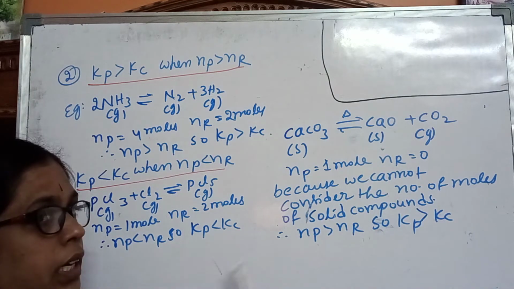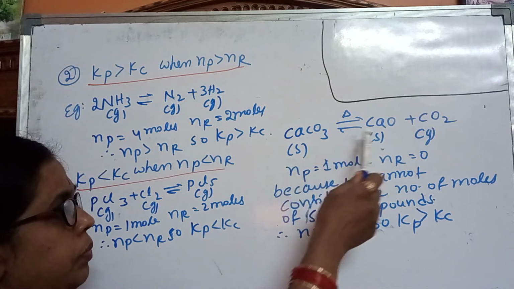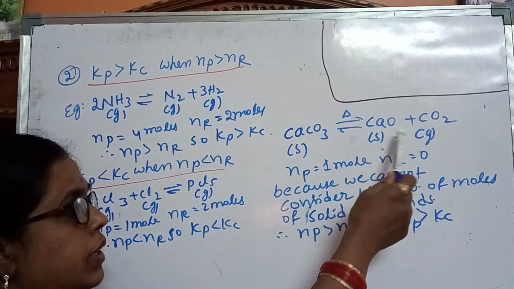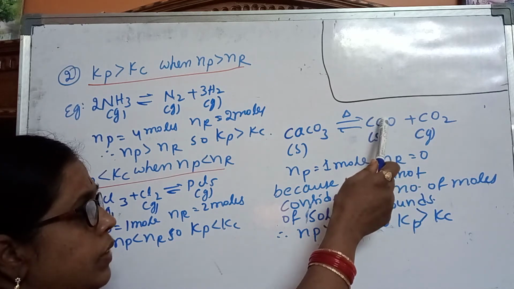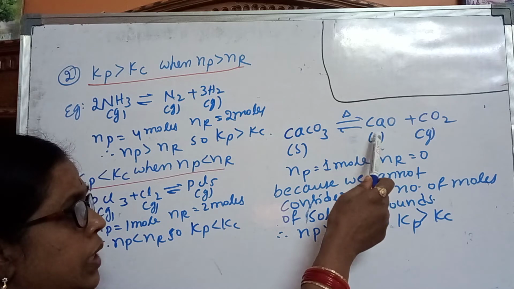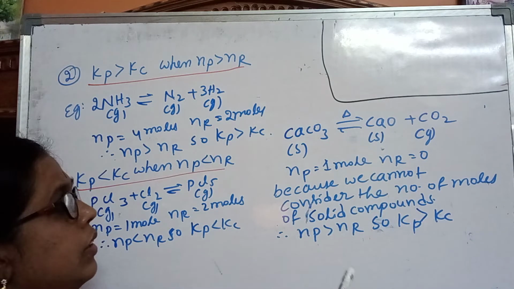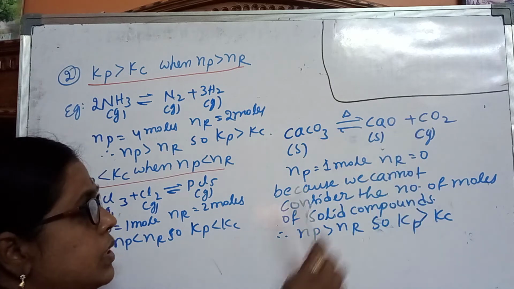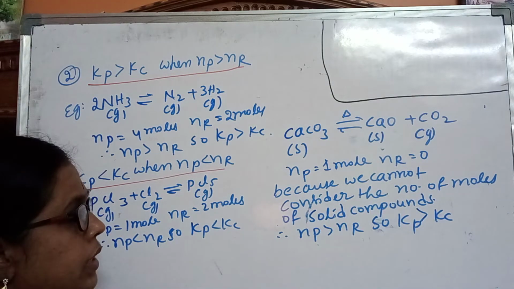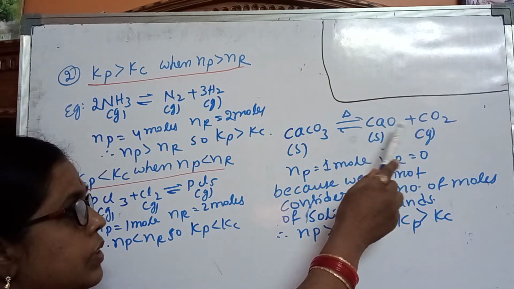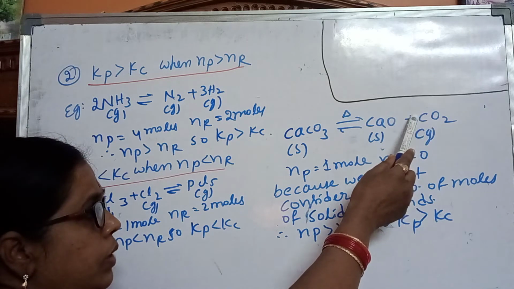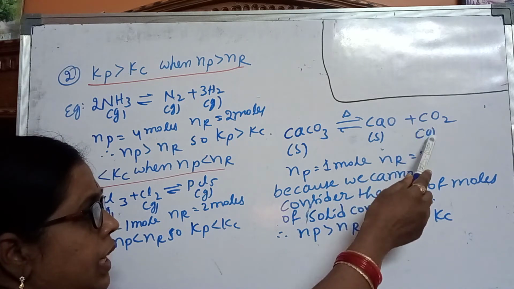So for total number of moles of products, 1 mole of calcium oxide is in solid state, so we cannot consider it. We consider only compounds present in gaseous state. So 1 mole of carbon dioxide is present in gaseous state.